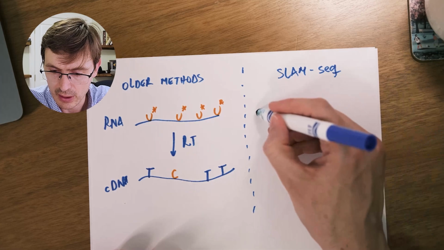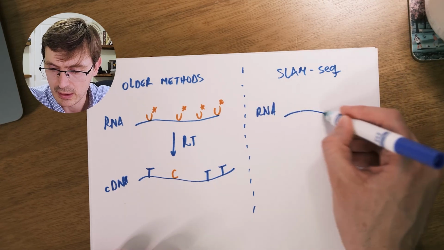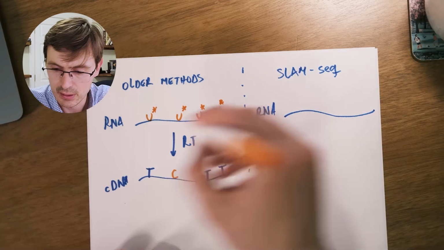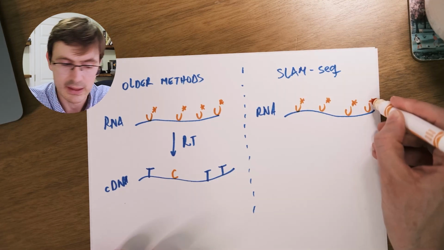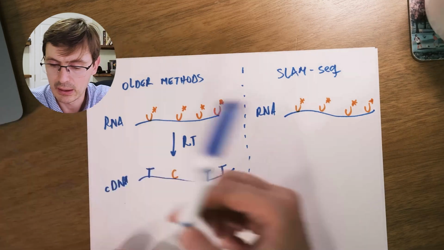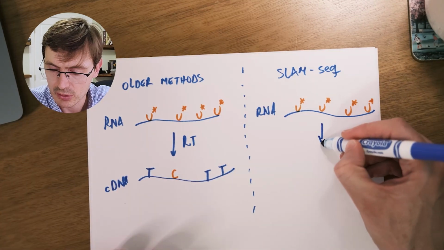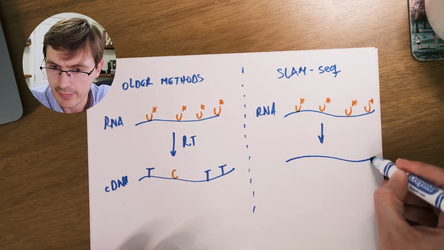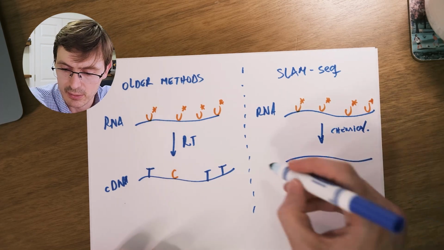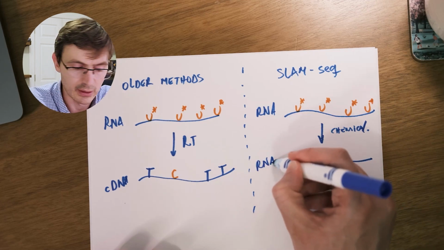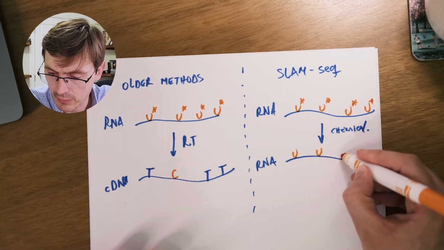So again, you have your RNA that will be metabolically labeled. So you have the uracil mark here and there. But this time, instead of going directly for the RT reaction, what you do is add a chemical that will react with the base and will further convert it into another modified nucleotide.